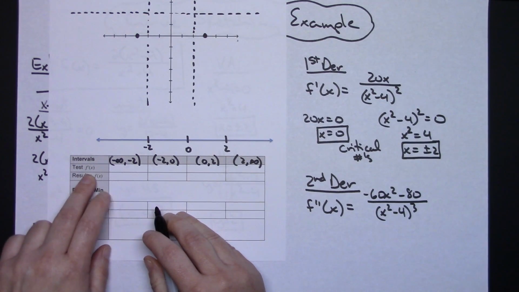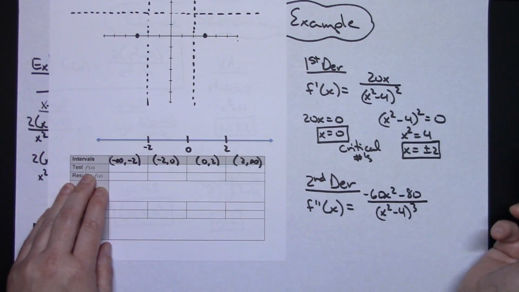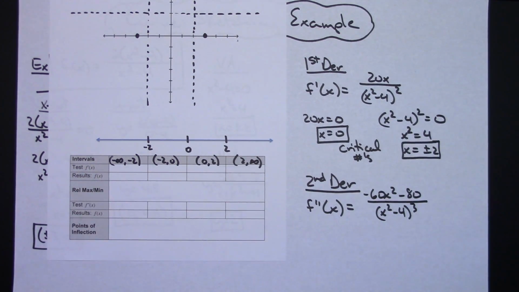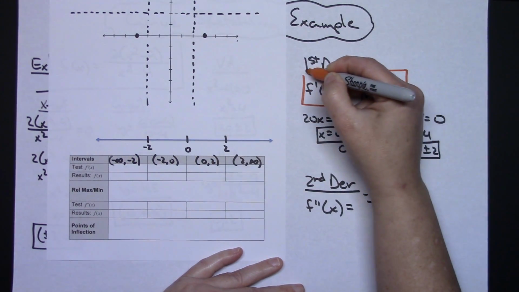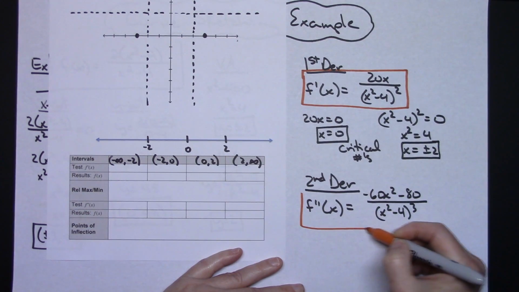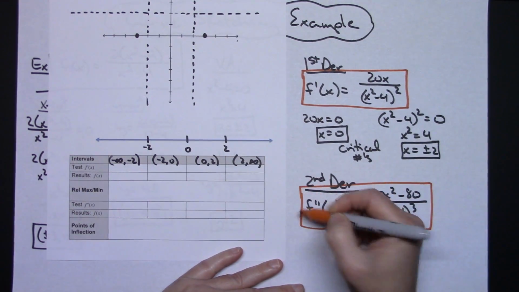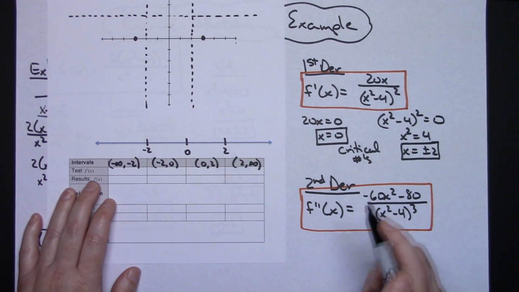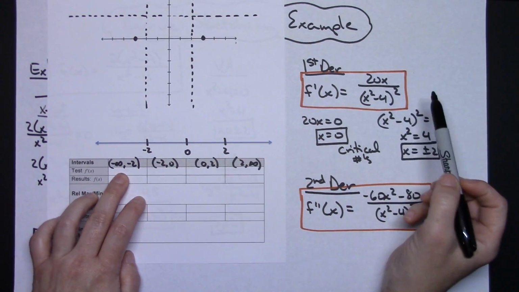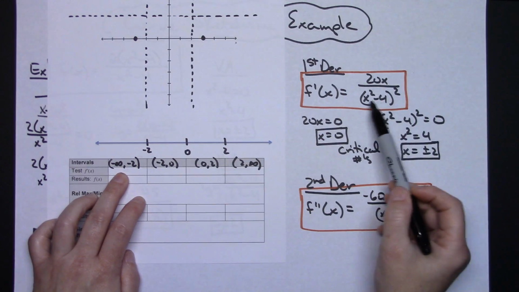Now we're going to test this first derivative. Let's go ahead and box that in so it stands out a little bit. There's the first derivative, and here's the second derivative, because that's what we're going to need to be looking at. So for the first derivative, if I plug a really large negative number in here, I'm going to have a negative divided by a positive.